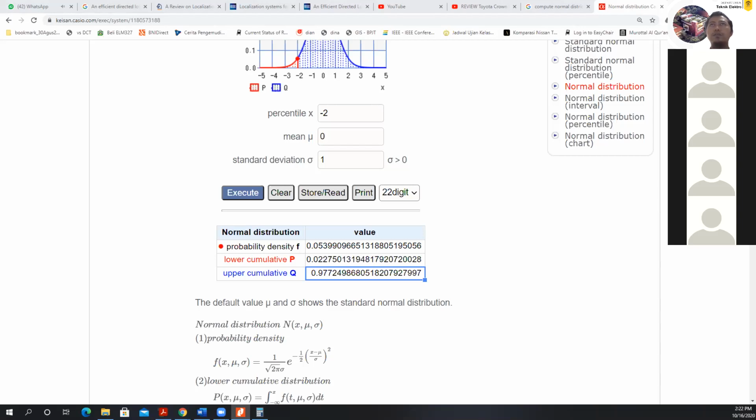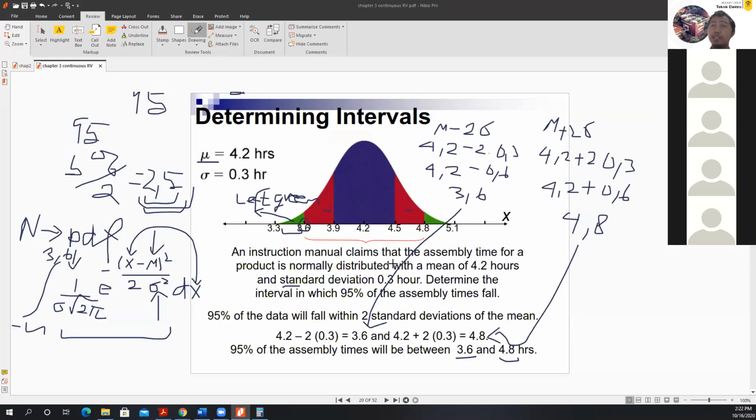So yeah, also it is not true that 2.5 is equal to 2.225. But you can approximate that this area is 95, but maybe based on the real computation it is not really exact with 95. It's around 95, something like that.